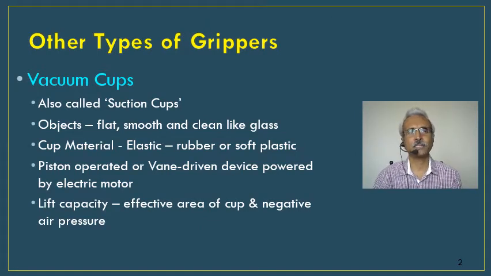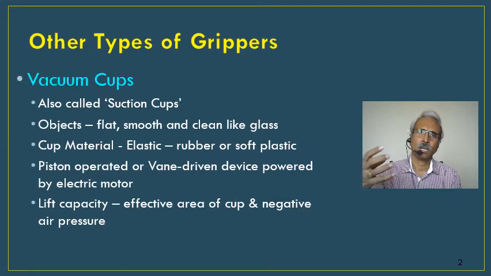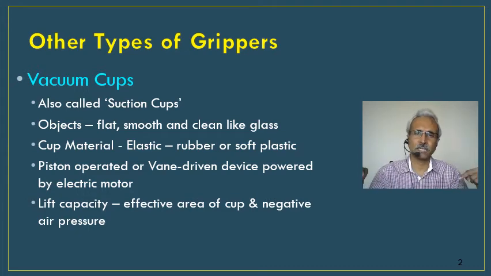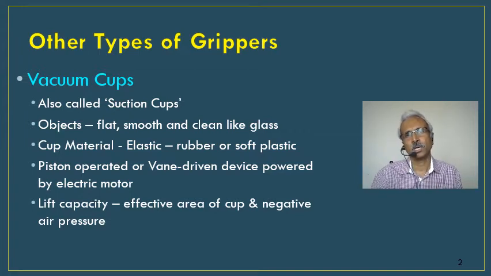So the first one is vacuum cups, or call it a vacuum gripper, because we had a hint about this earlier also. Generally, normal industrial components we are able to grasp using typical mechanical grippers. So imagine when you have large flat objects, or even small but flat objects in multiple numbers.